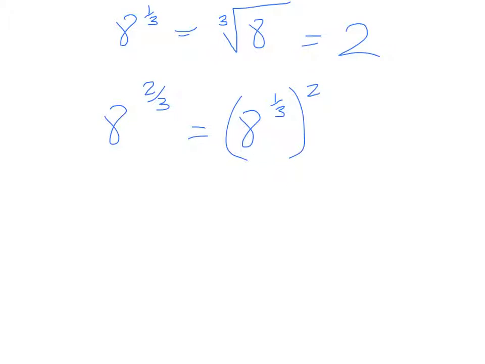Because, of course, we know that we can multiply 1/3 and 2 and get 2/3. And we already know that 8 to the 1/3 is actually the cube root of 8. So 8 to the 2/3 is that value squared.